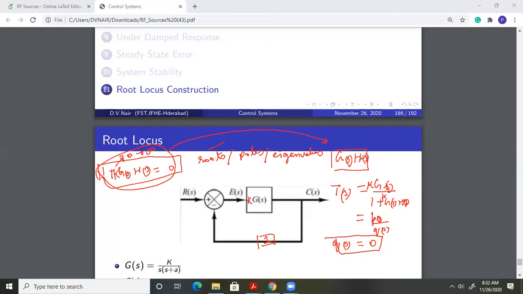To understand it more, let us look at one simple example here.